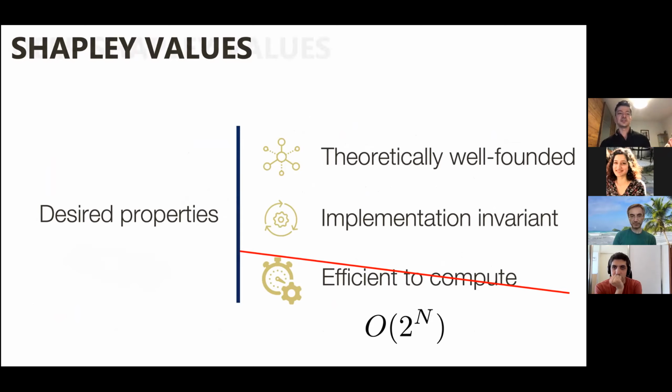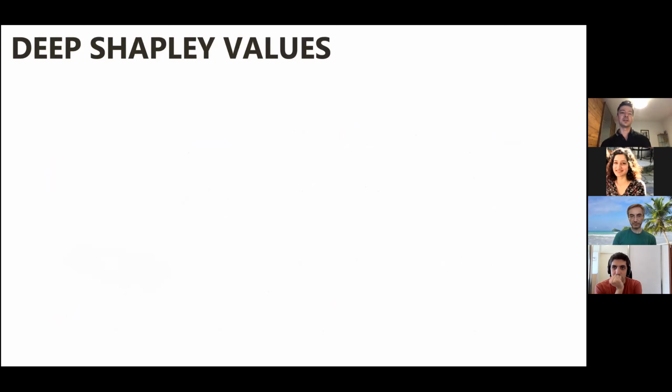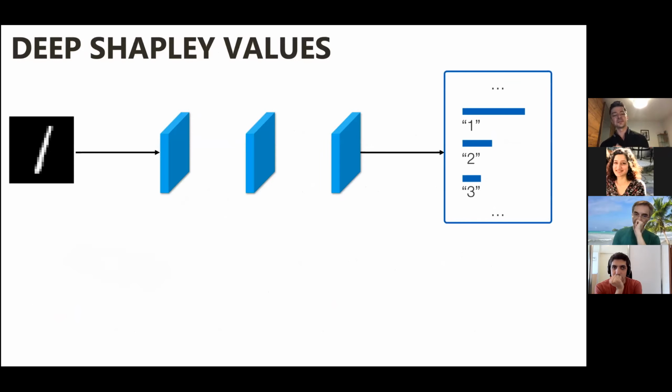So what we did is say, okay, how can we apply it to deep neural networks? Let's say you're given a neural network, and the fundamental idea is you talk about the distribution of your subsets. So I have a certain distribution of, in this case, all subsets of pixels.